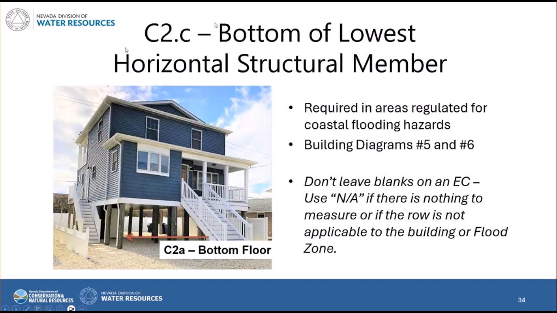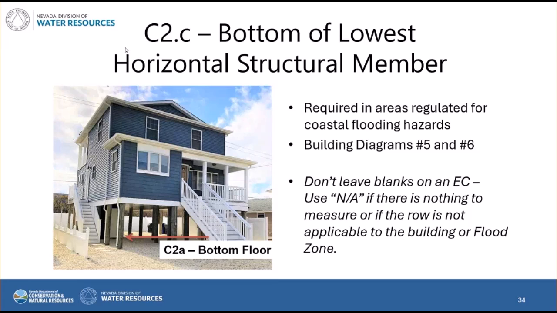So moving on to C2C of the form, which I suspect for you all in Nevada will mostly be not applicable. Don't leave blanks on an elevation certificate. Use NA if there's nothing to measure or if that information isn't applicable to the building or the flood zone.